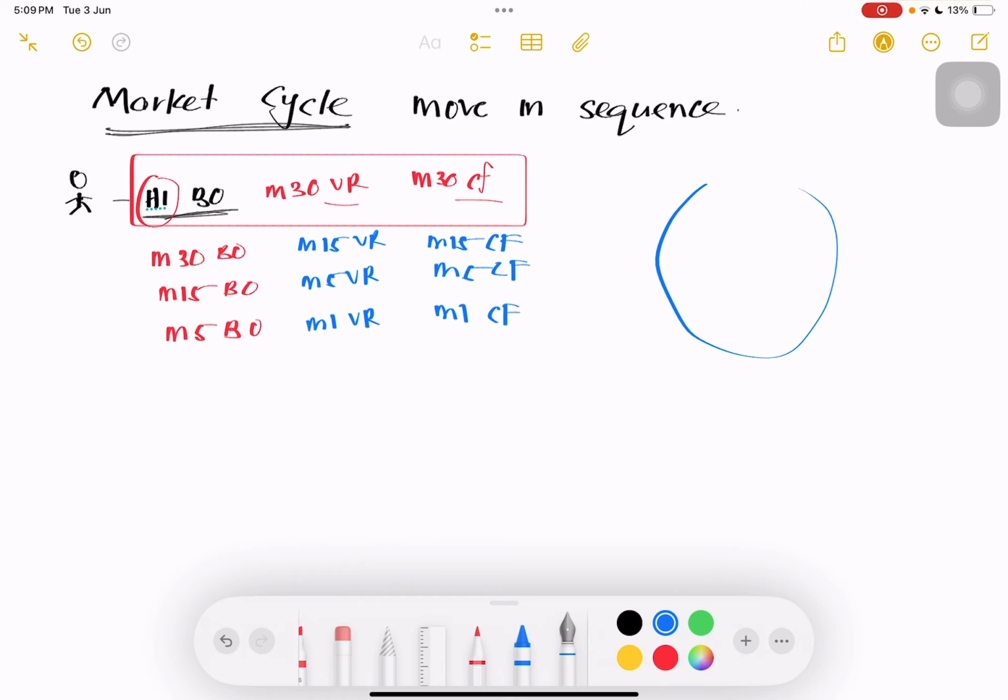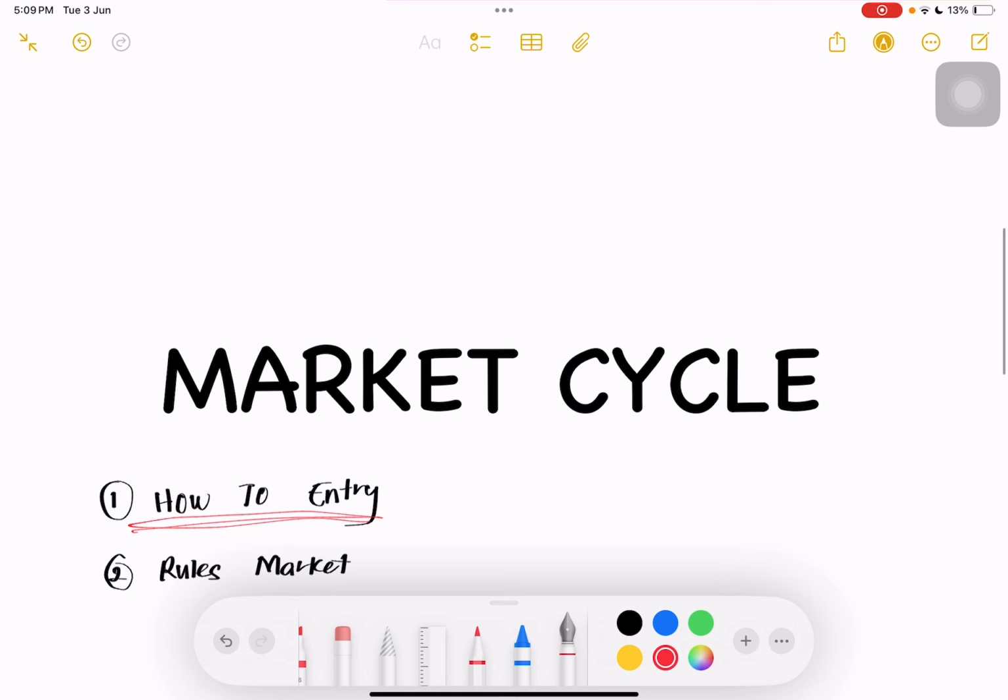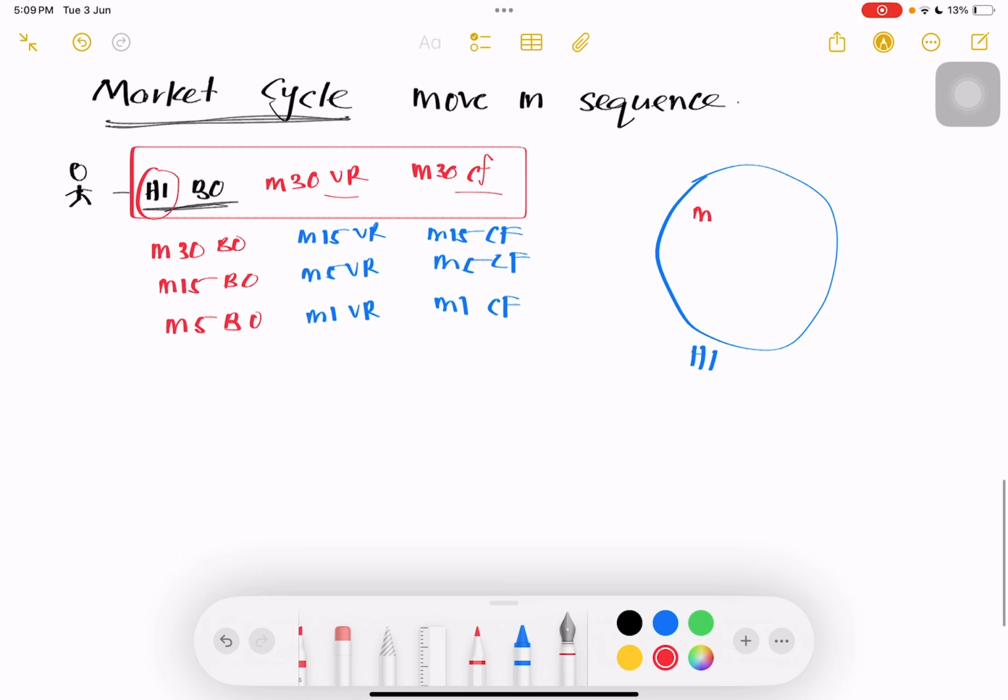This is H1. There is also an M30 cycle, M15 cycle, M5 cycle. Understand? Inside the H1 cycle there must be an M30 cycle, M15 cycle, and M5 cycle.